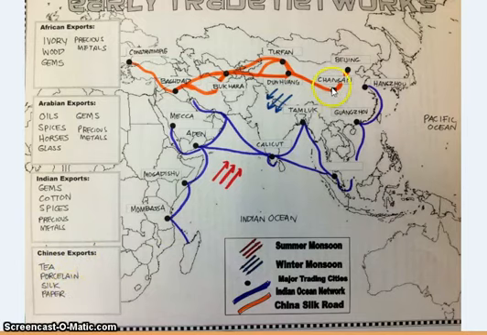Now, if you notice the China Silk Road, you notice that it's not a straight line. This is because there are natural geographic features that are in the way, such as deserts and mountains. It's a lot easier to go around the deserts and mountains rather than to go straight through them. Also, if you look on here, you see there are these major cities along the way.